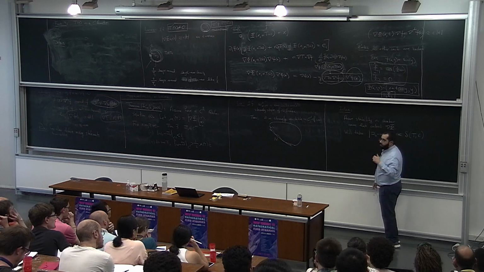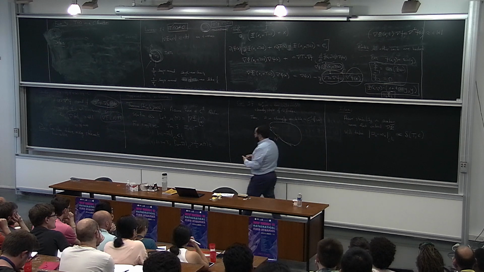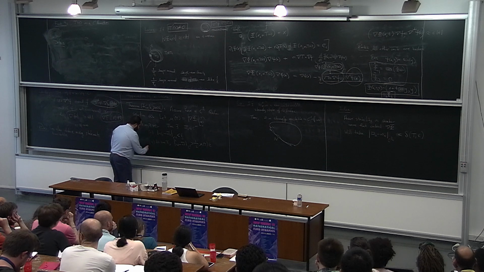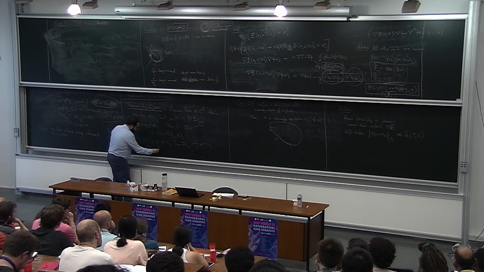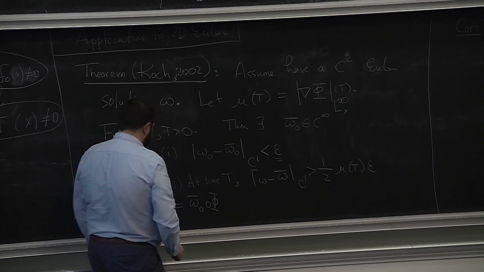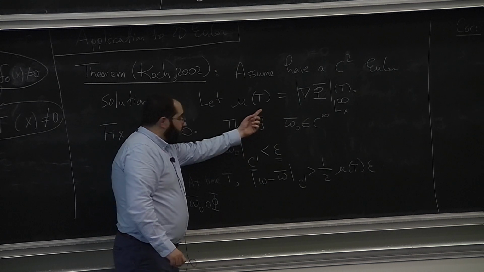And if the trajectories are exactly the same, say omega bar is exactly where phi is the flow of omega, then you can put a perturbation.